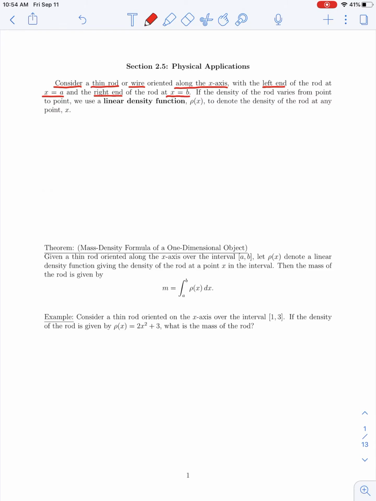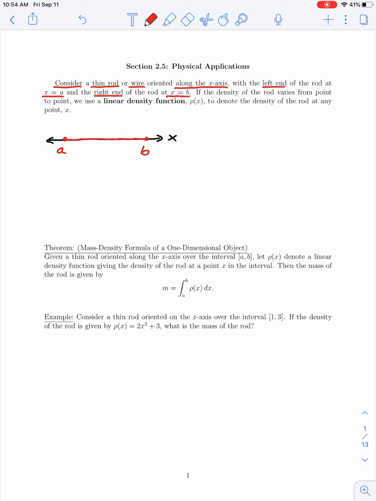So to visualize this, let's say we've got our x-axis, and we have some wire whose left end is at x equals a, and whose right end is at x equals b. So we've got a wire, or perhaps a very, very thin rod.